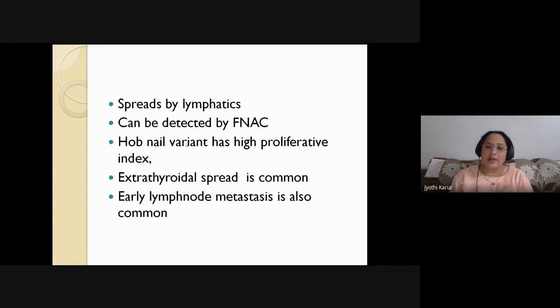There is another variant called hobnail variant. It has a very high proliferative index. In order to know different subtypes of a carcinoma, so that you can have an edge over the other options in MCQs, you will learn this in future slides. Extrathyroidal spread and early lymph node metastasis are also common.